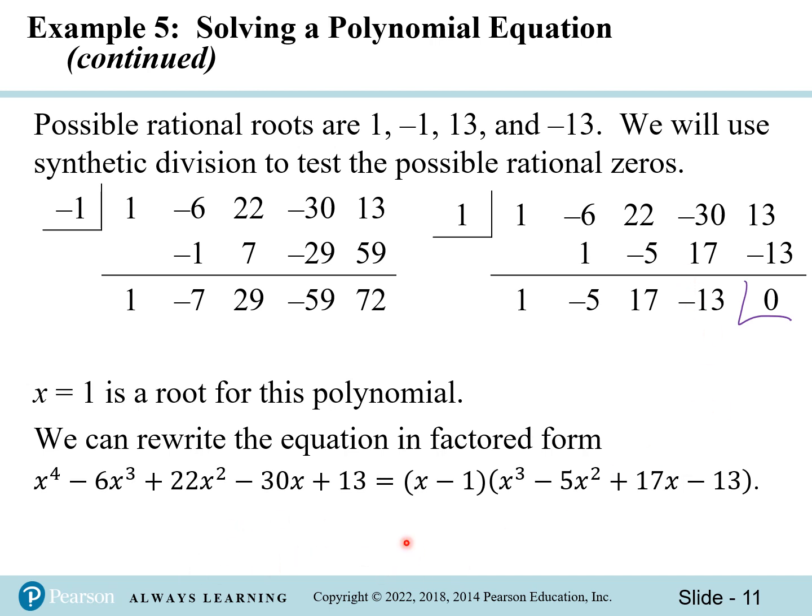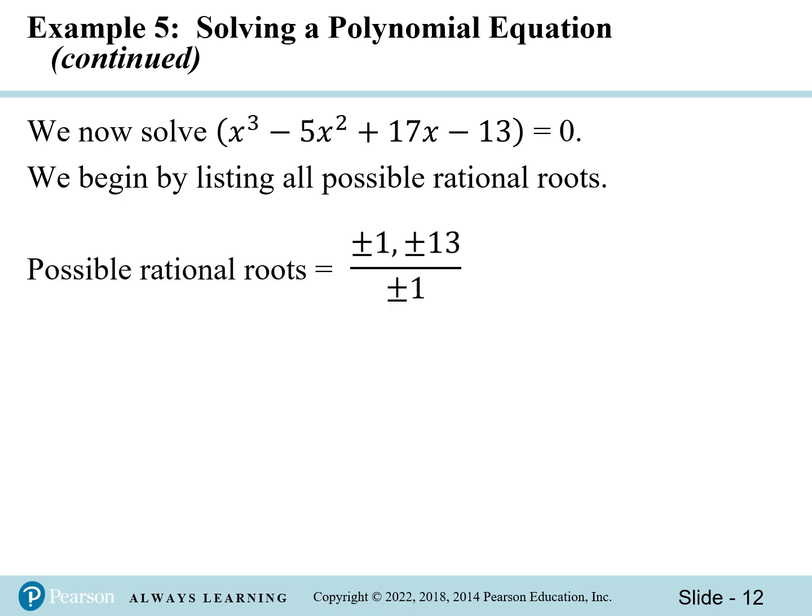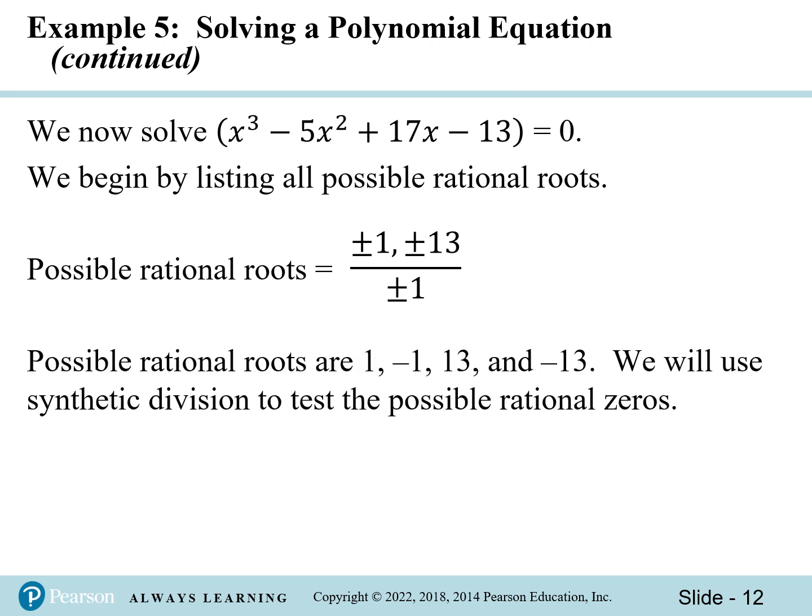All right. So going back to that new equation, we're going to have to try our rational root theorem again, or list our possible rational roots. And again, we're back to 1, -1, 13, and -13.